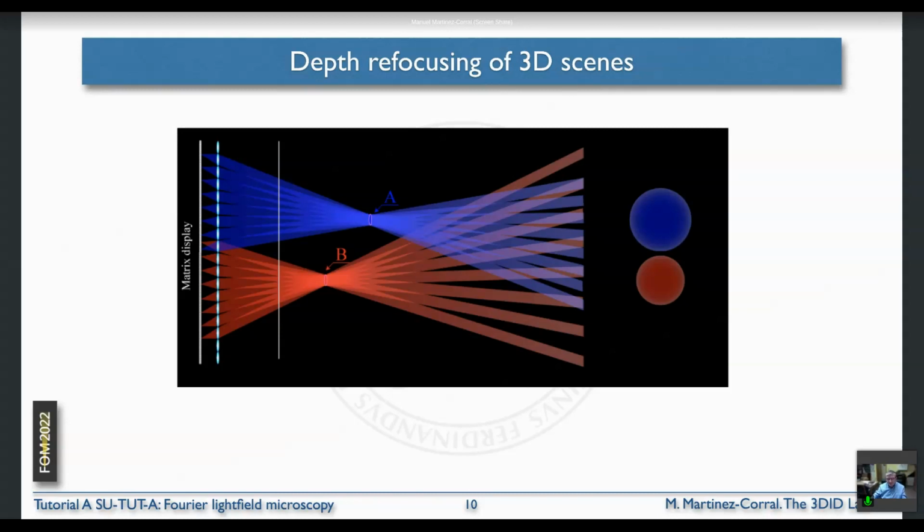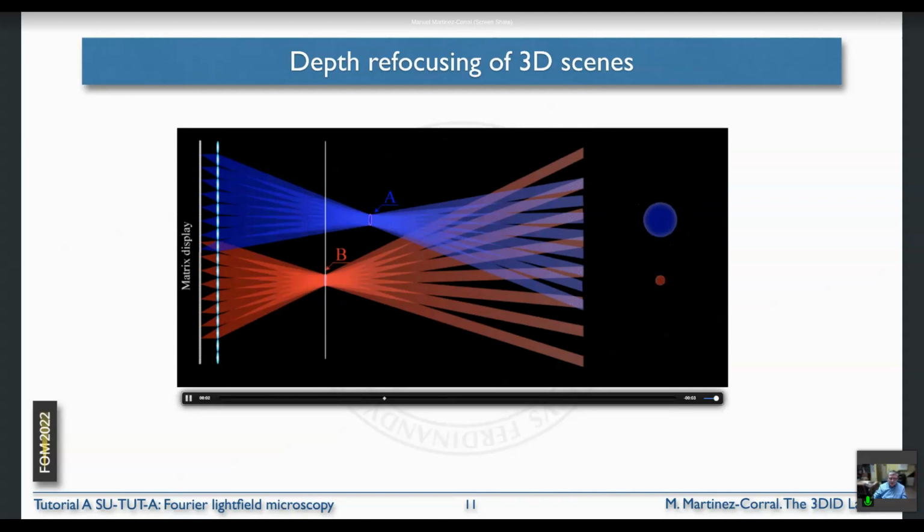So if, for example, I make this experiment physically, and I put here a sheet of paper, then we can see the following. If I move the paper, I can see that in this plane, we have 2 blurred images of points A and B.